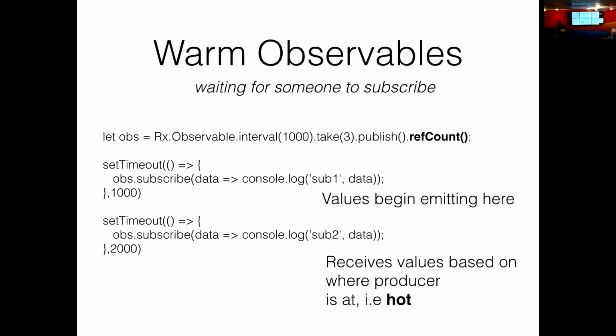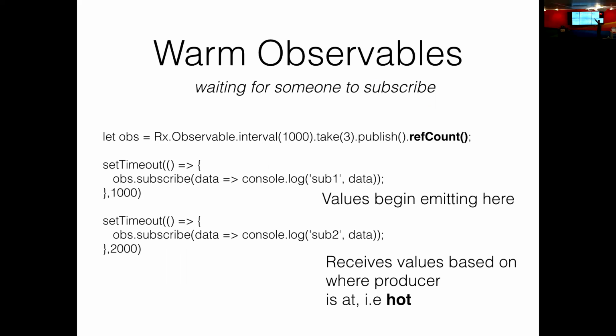Okay, there is, of course, such a concept as warm observables. They're kind of in the middle of cold and hot. So here we have the publish method that we used, remember, with hot observables, but we use something called refCount instead. The difference here is that this one will become hot. So it kind of warms up, right? It's waiting for something to happen, and what it's waiting for is the first guy to subscribe. So this is just lukewarm.